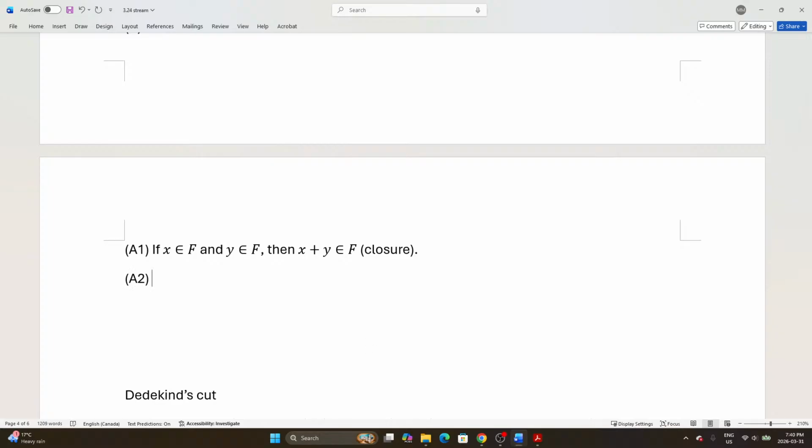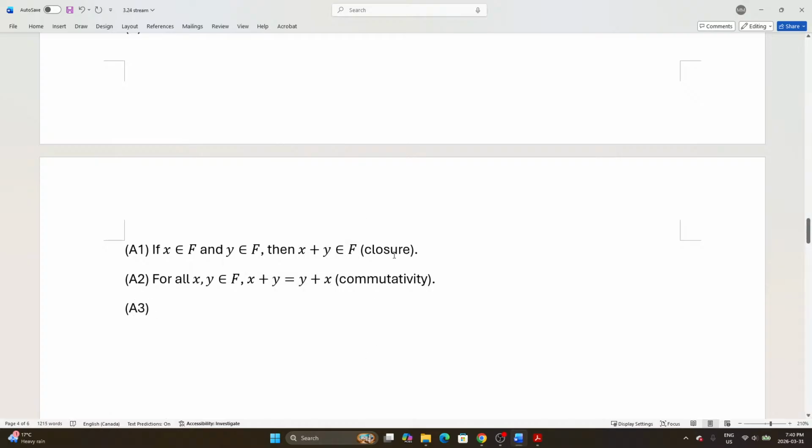The second says addition is commutative: for all x and y in F, x plus y is equal to y plus x. Commutativity, so that's the second.